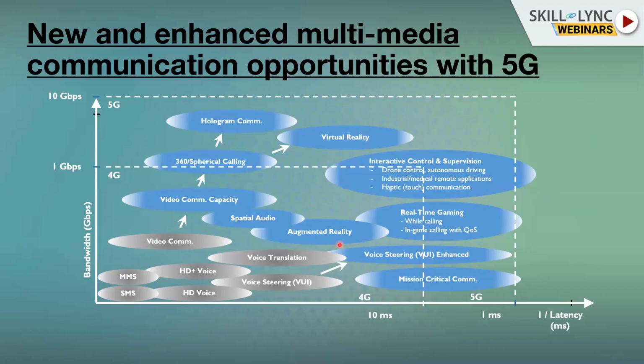Virtual reality, augmented reality, mixed or hybrid reality, all these are possible in 5G. You just add the voice services. Haptic communication, as in services through touch. Today you are buying something from Amazon, say some garments from Amazon or Myntra, but you are just seeing the picture.